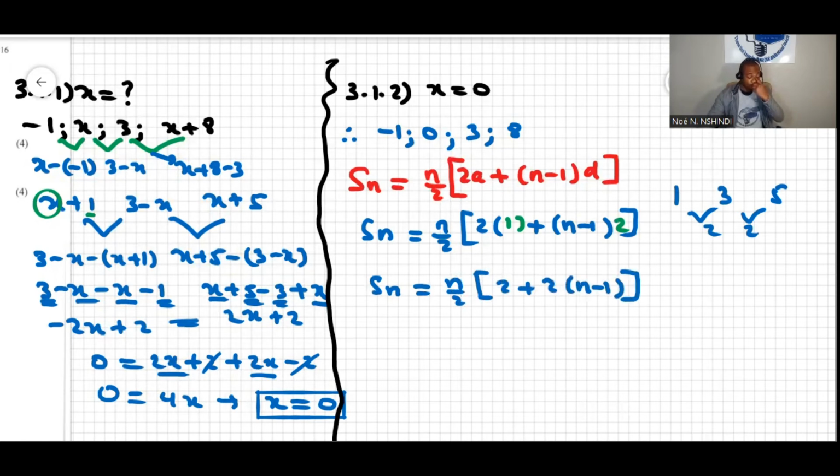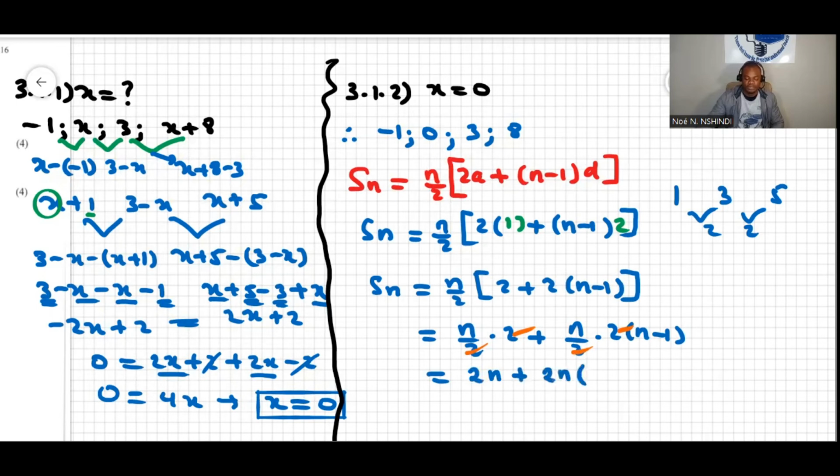Sn will be equal to n over 2 times (2 plus 2(n minus 1)). If we multiply n over 2, we have n over 2 times 2 plus n over 2 times 2(n minus 1). We cross the 2 out, and now this will become n plus n times (n minus 1).